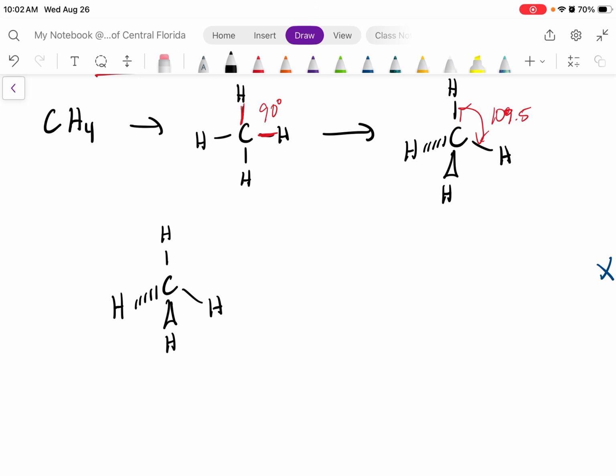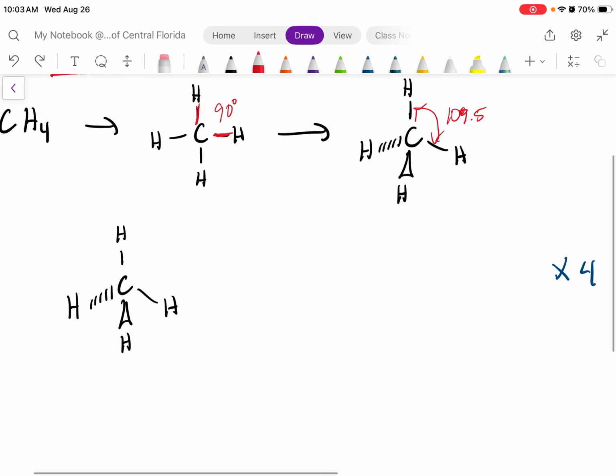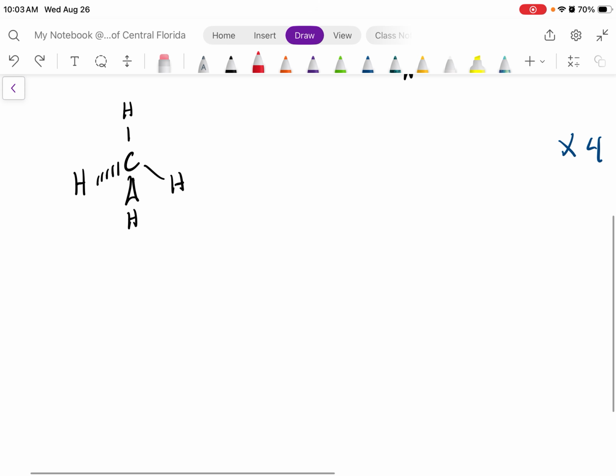And we are going to take a look at all those bonds there. So we have 4 bonds right there. And we want to represent how those bonds are formed. What atomic orbitals are used to form those bonds? That's what we're trying to figure out. So when we look at our structure here, we see that we have 1 carbon. And carbon in the ground state has an electron configuration that looks like this.